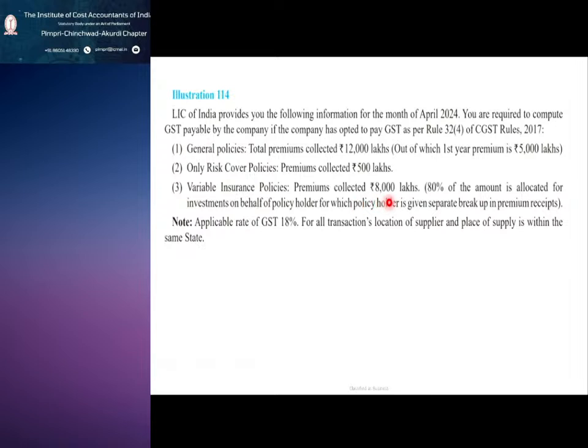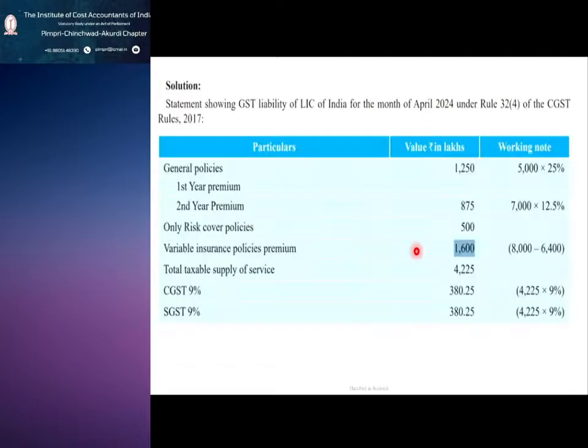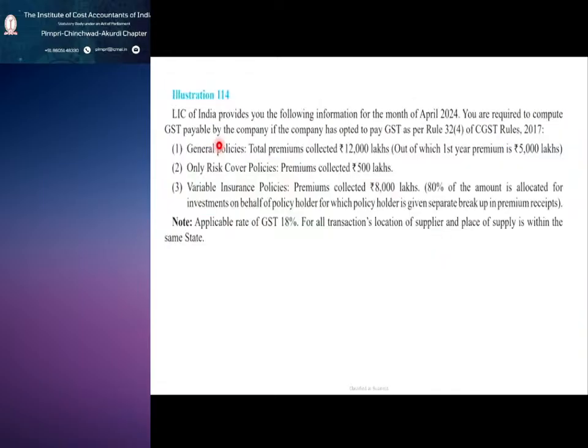Out of 8,000 lakhs, 80% allocated for investment means how much amount you need to calculate GST? 8,000 minus 80% of 8,000 is how much? 6,400. So you have 1,600.